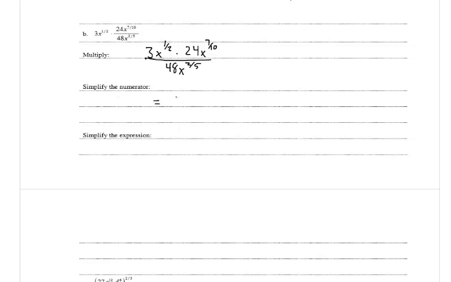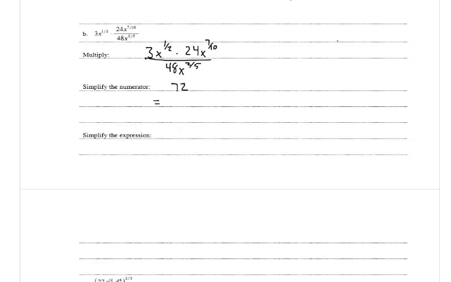So this is equal to 3 times 24, which is 72. And then we have x to the 1/2 times x to the 7/10. And since we're multiplying variables, we're going to add the exponents.